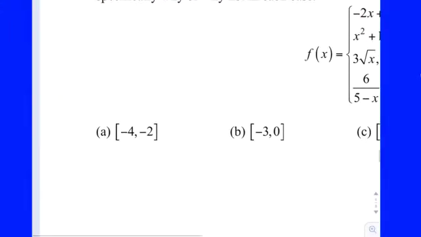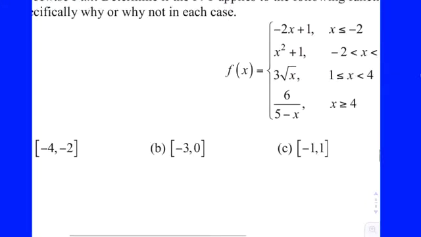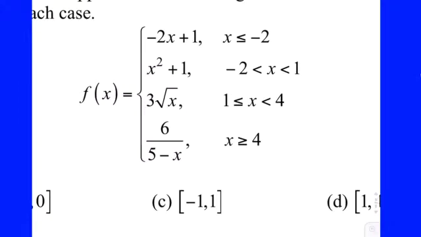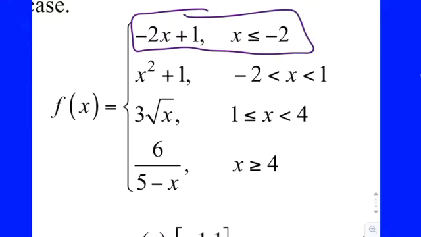So we're looking on the closed interval from -4 to -2. That's a closed interval. So -4 is the left endpoint, -2 is the right endpoint. Which pieces are we going to be using? Only the top, because it's less than or equal to -2. So would that function be continuous from -4 to -2? Yes, because the piece itself is going to be a line. Not a line, our student friend, but a line, our linear friend, right?